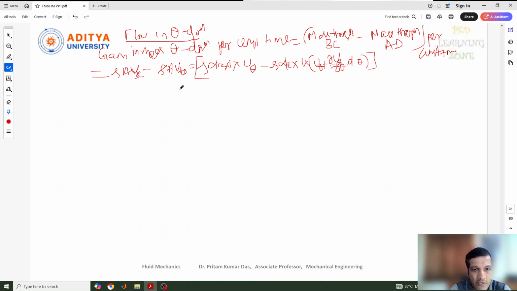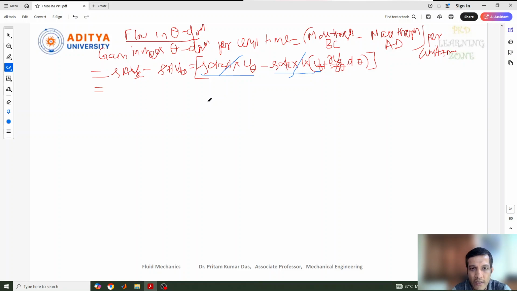Now we can just expand this. What we get: this is rho dr u theta, and this is rho dr u theta, so if you open this bracket, this and this are going to cancel.